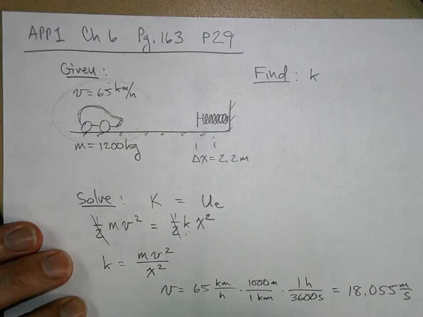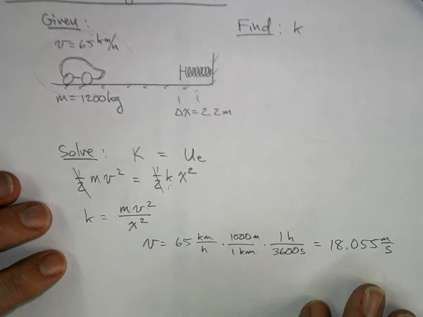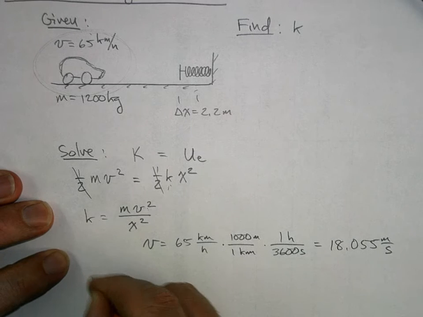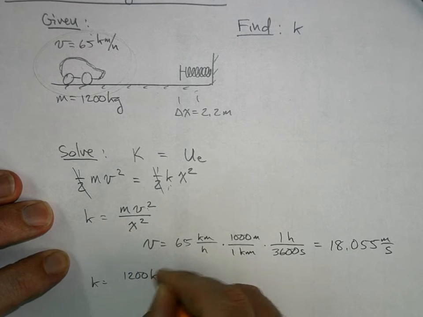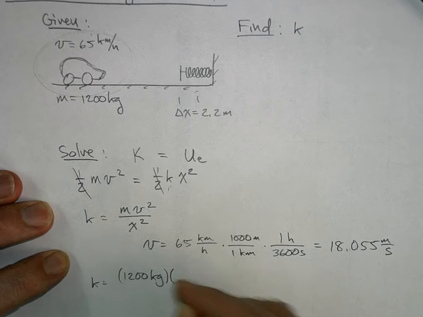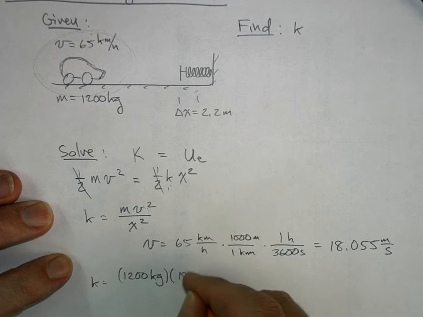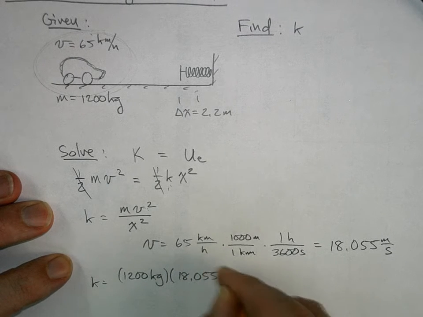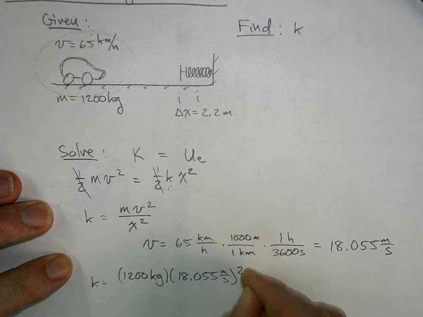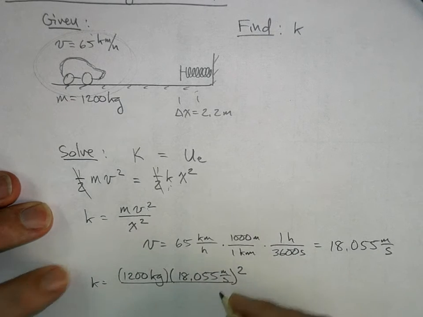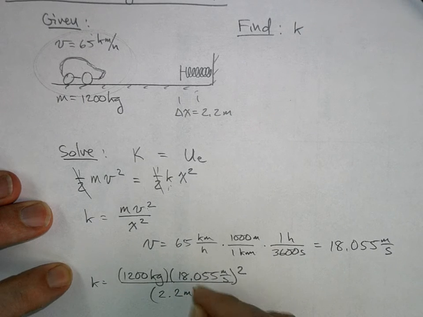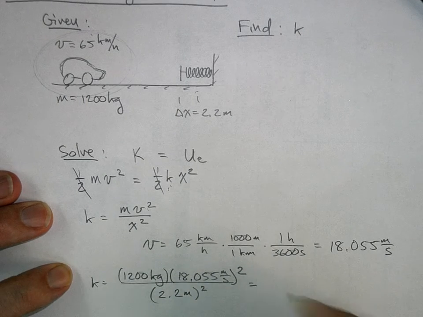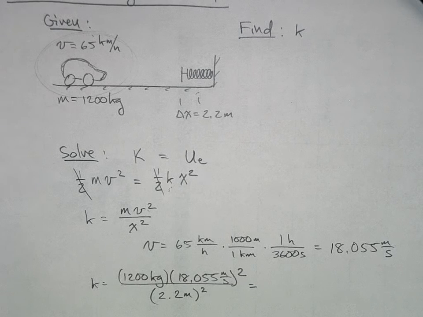So now I can plug in my values to solve for the spring constant. Okay. 1,200 kilograms. And then the velocity is 18.055 meters per second. We'll square that. And then we'll divide it by 2.2 squared. And let's see.